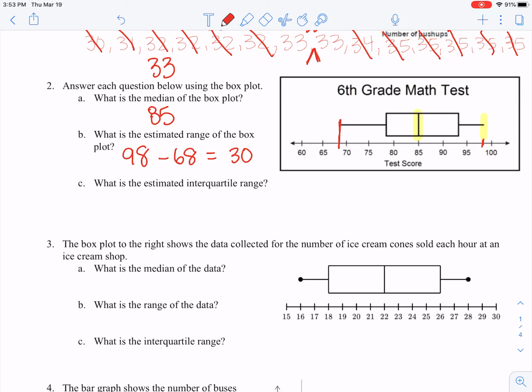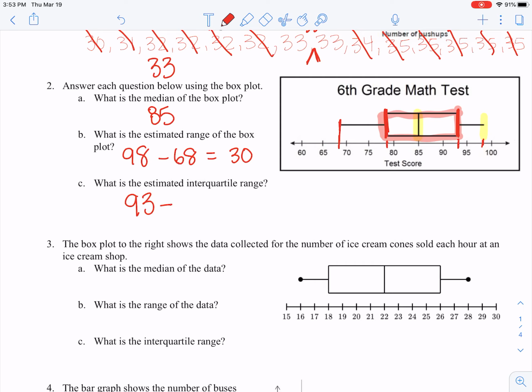Number 2C, what is the estimated interquartile range? So interquartile range is when you are looking at the box itself in the box plot, and now you're going to look at the last box line and the smallest one, or the least number from the box, and that is around 93, I would say, or 94.